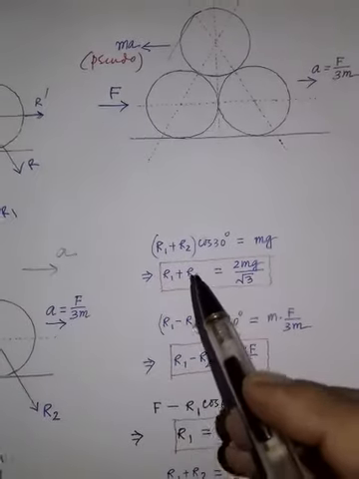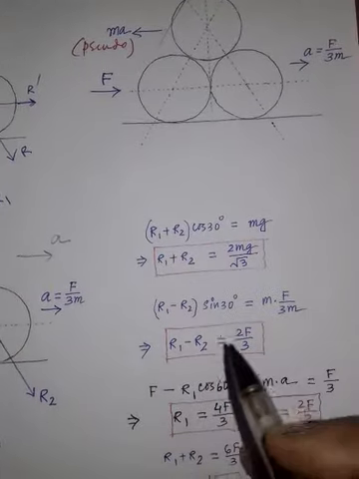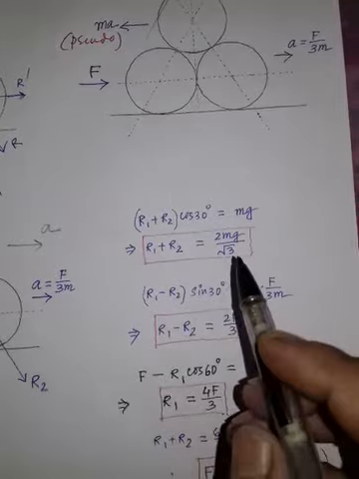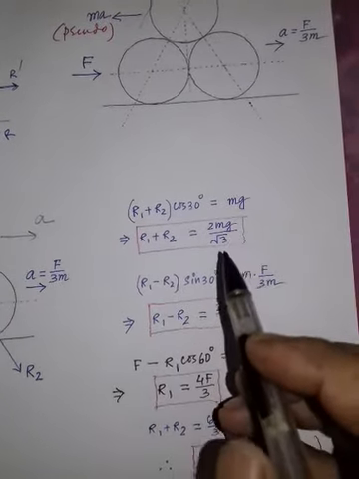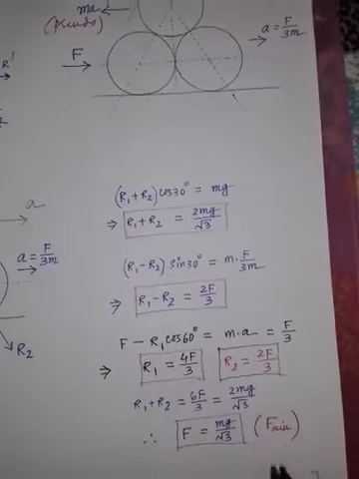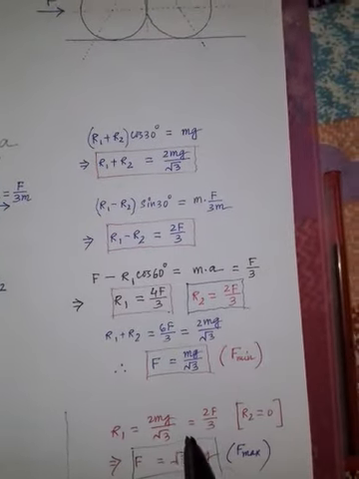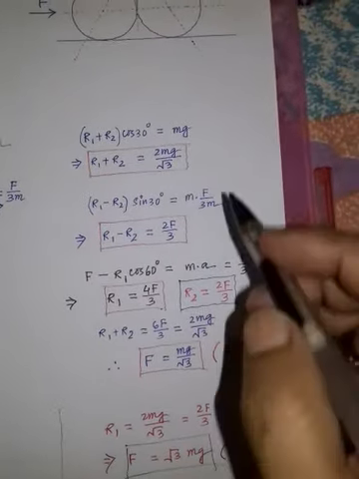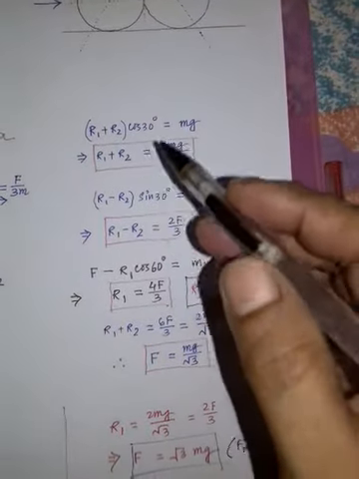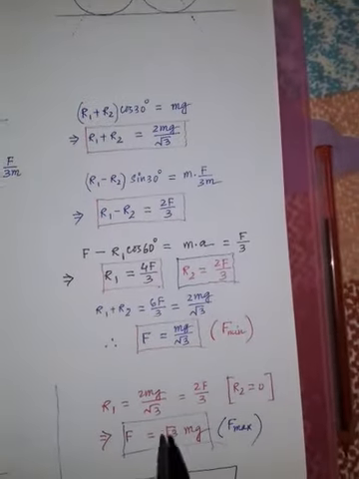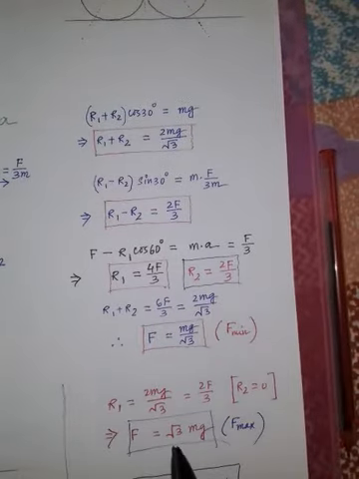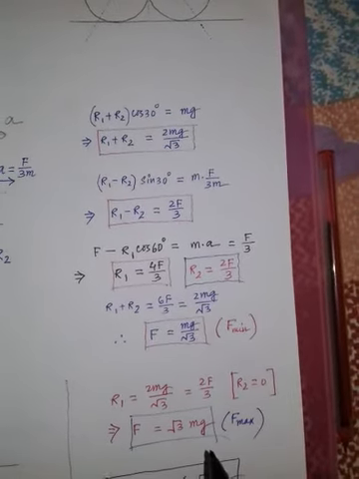So just put R2 is equal to 0 in this equation and this equation. We get R1 is equal to 2mg by root 3 and R1 is equal to 2F by 3. So R1 is equal to 2mg by root 3 is equal to 2F by 3. We just have put R2 is equal to 0. We readily get the maximum force root 3 mg. Thanks.